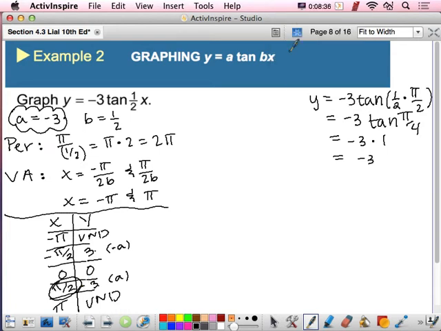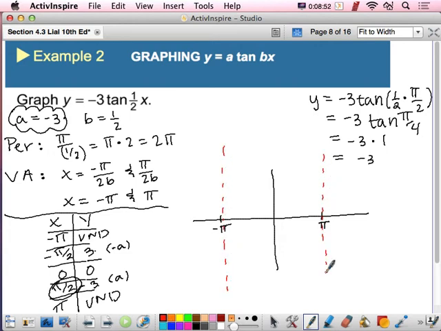So if we graph this one, the period has gotten larger. So now it actually goes out to negative pi and positive pi. Those are our asymptotes. Our center point is still 0, but these are negative half pi and positive half pi. This is 0, 0.